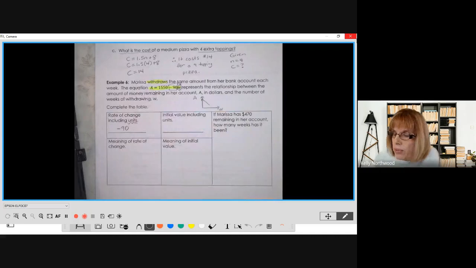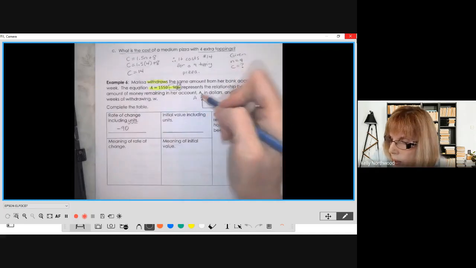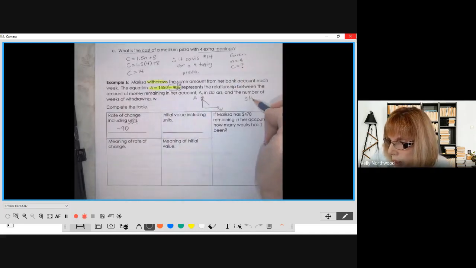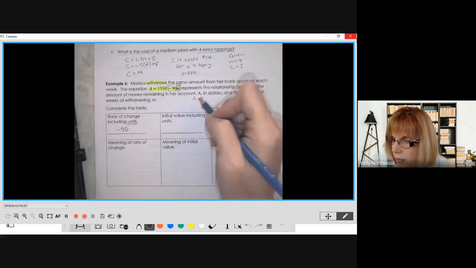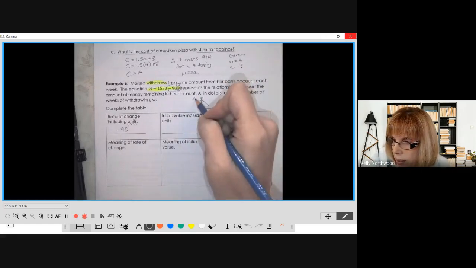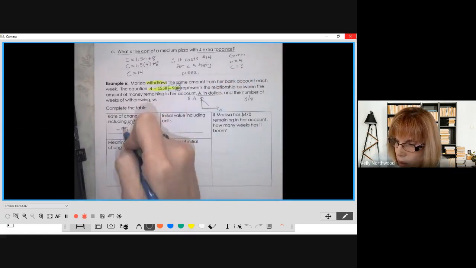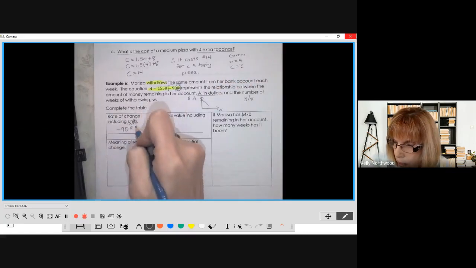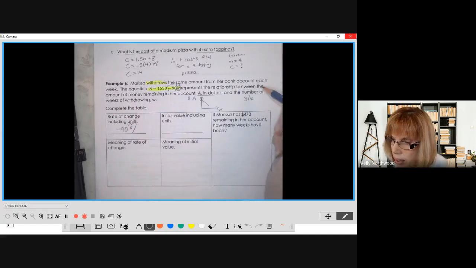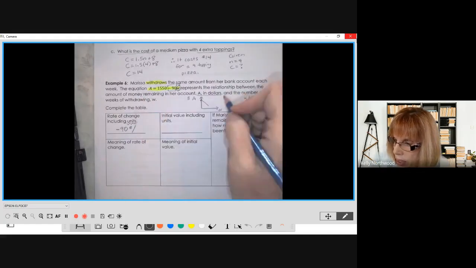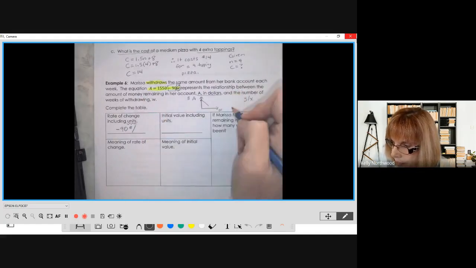And remember, our way of doing the units was always Y per X. So what is our vertical axis? What units is A in? It's dollars. So dollars per, and then W stands for number of weeks.